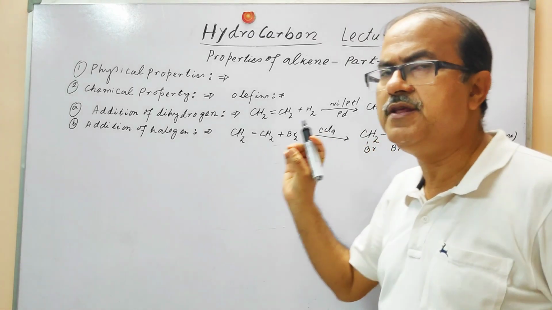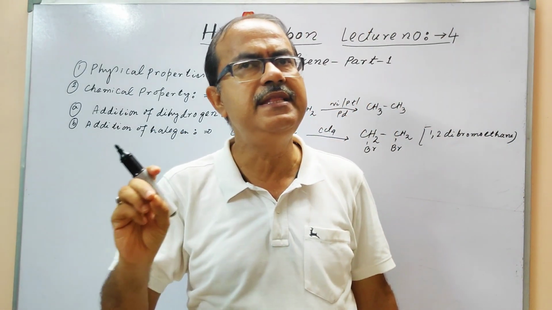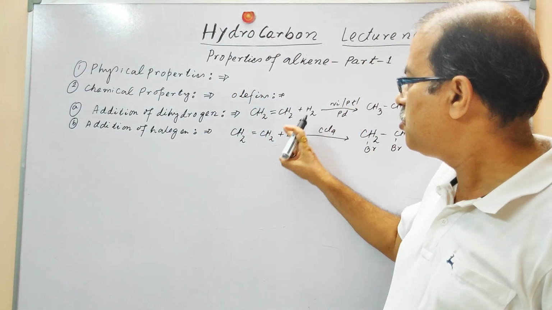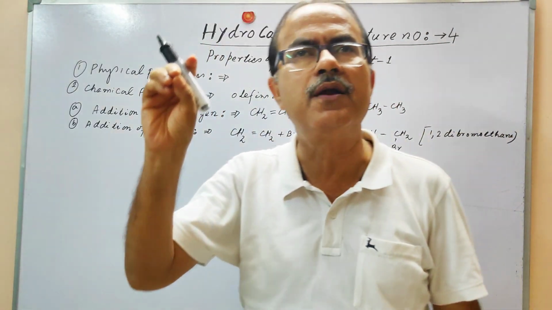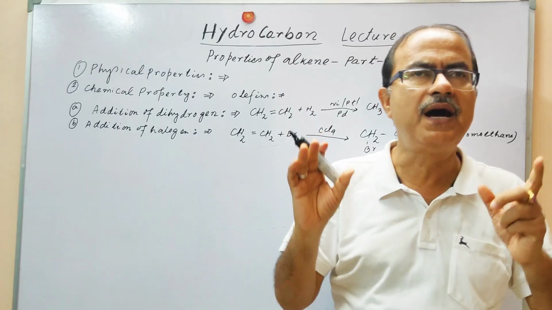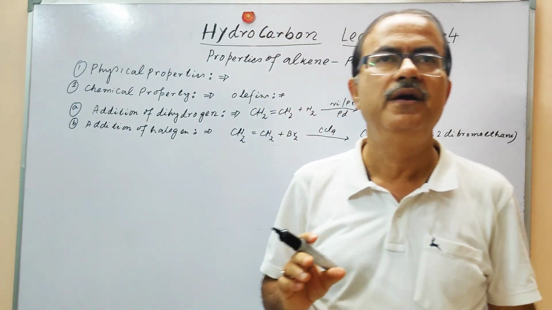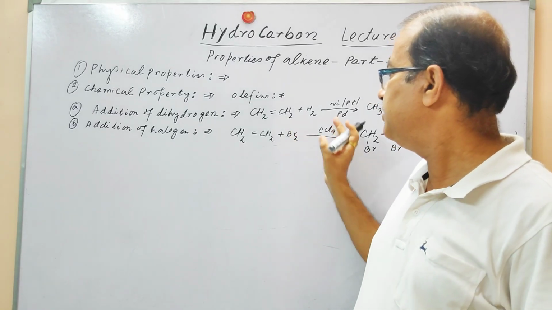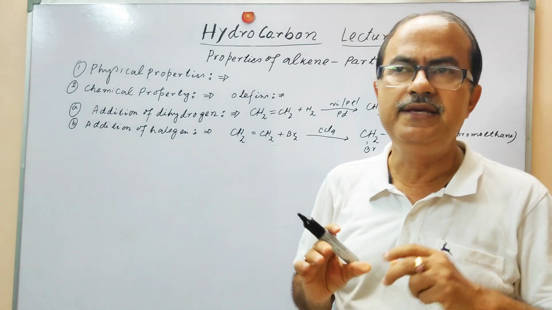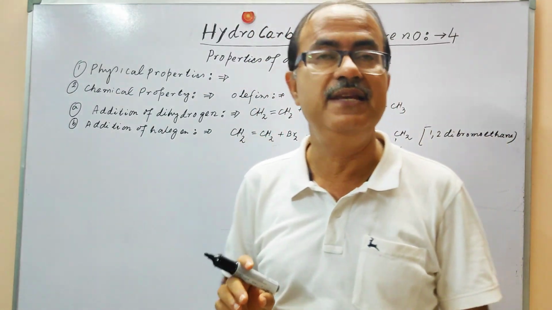And this reaction is very much useful to detect unsaturation in a hydrocarbon. This is because when bromine is dissolved in carbon tetrachloride, its color is basically red-orange. The red-orange color of bromine in carbon tetrachloride solution disappears when it reacts with ethene.